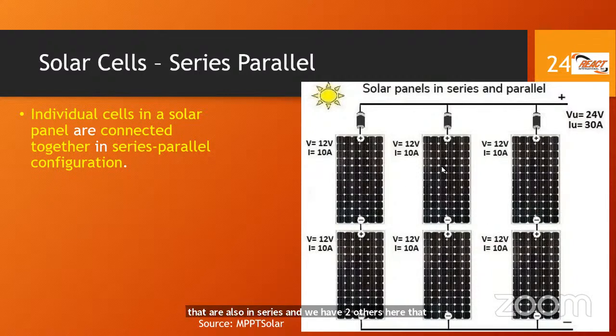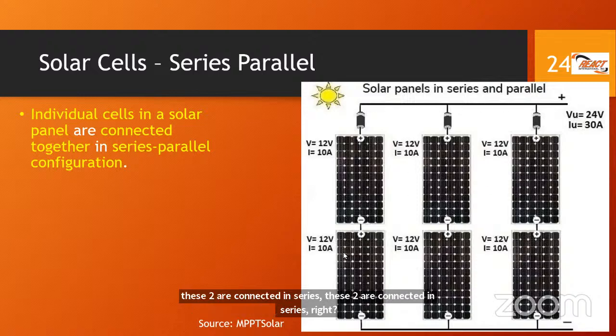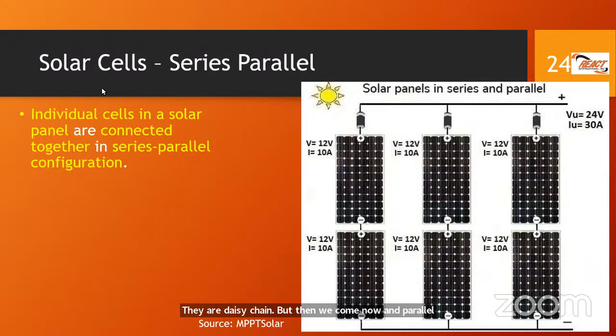But then we connect these sets of series connected solar cells in parallel. So that's what we mean by series parallel. It's a combination or hybrid. These two are connected in series, these two are connected in series, these two are connected in series, right? They're daisy chained. But then we come now and parallel connect these arrays. So that's what we mean when we say that solar cells are connected in series parallel to make up a solar panel. And that's an exam question.